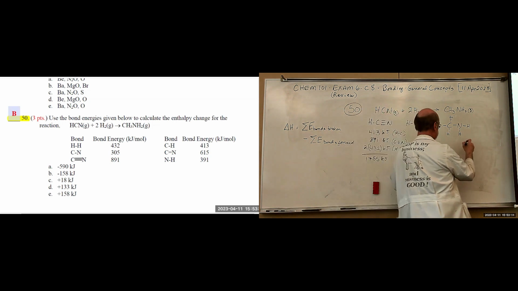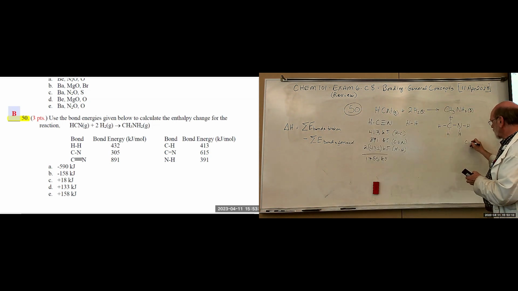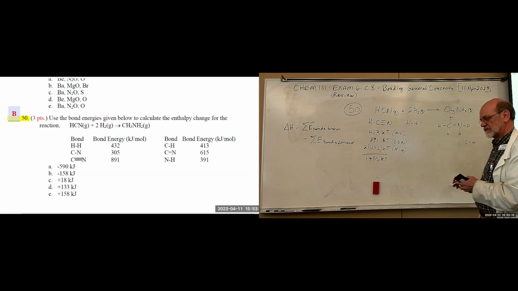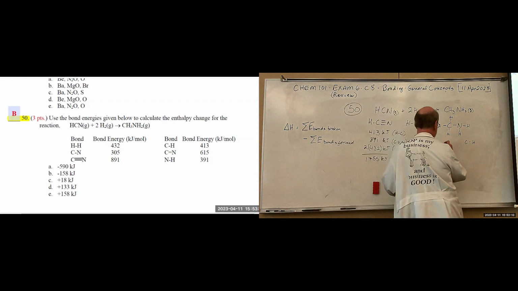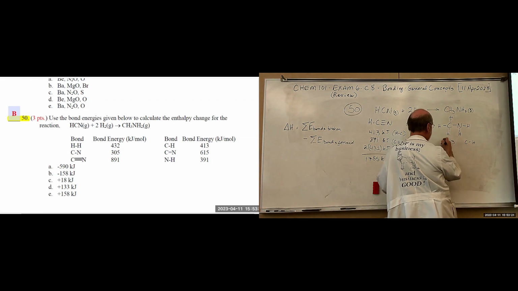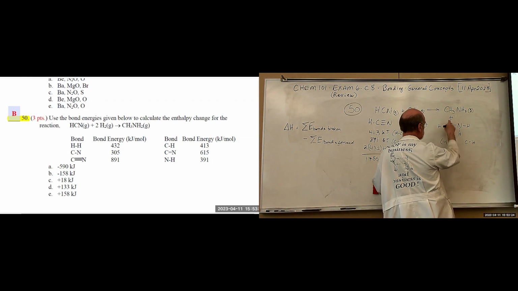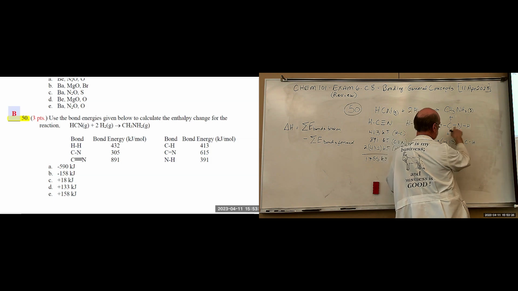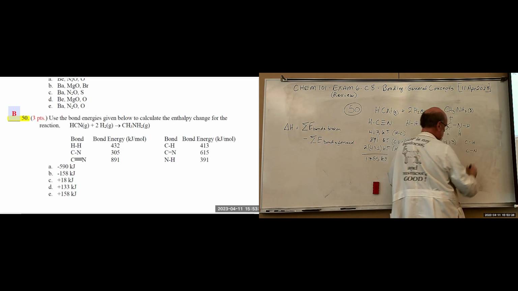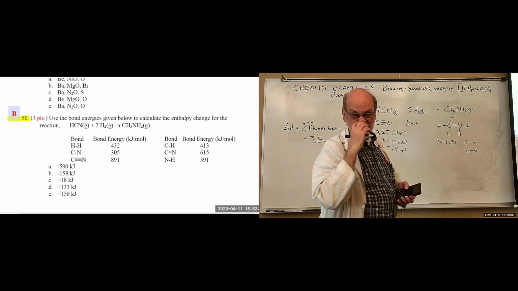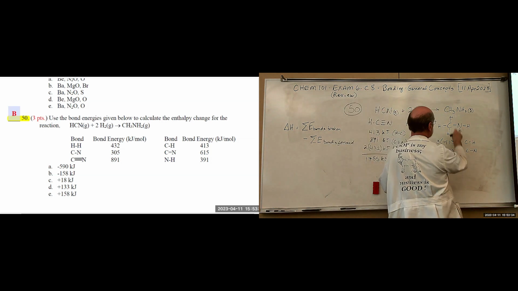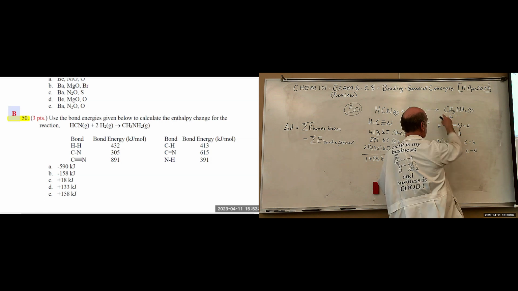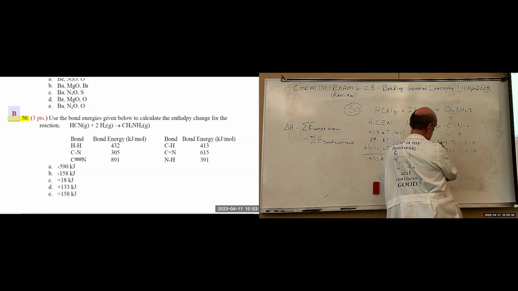On this side, we've got carbon-hydrogen. So what's carbon-hydrogen? 413 times 1, 2, 3. Then we've got carbon-nitrogen, which is 305, and there's only one of them, right? Because there's one here. So there are 3 of these, and only one of those.